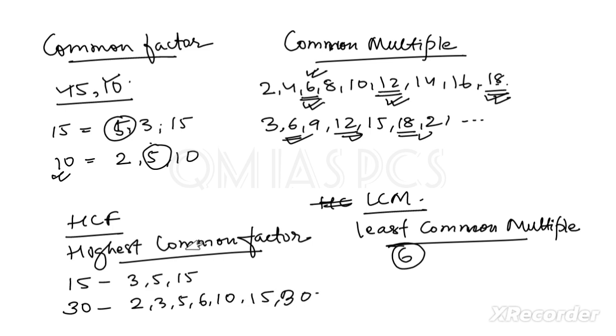Okay, so what are the common factors here? Common factors are 3, 5 and 15. All three are common. So we have to find the highest common factor. The highest among all three is 15. So 15 is our HCF of 15 and 30.